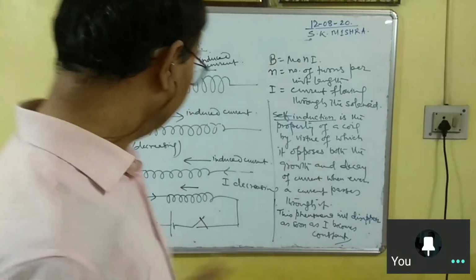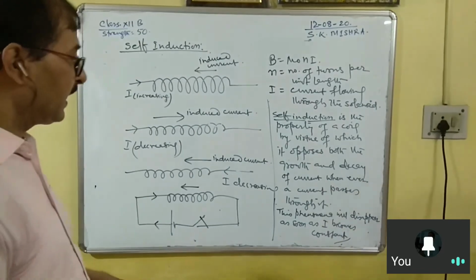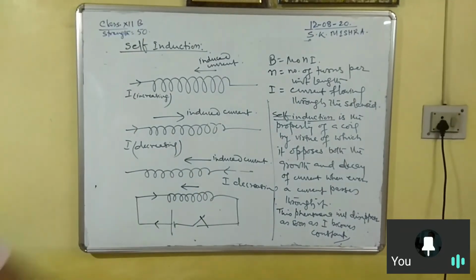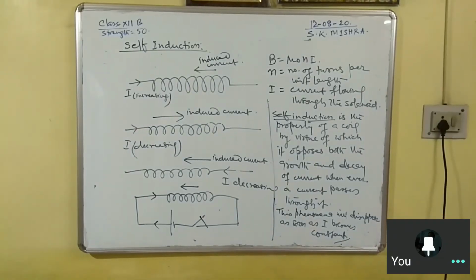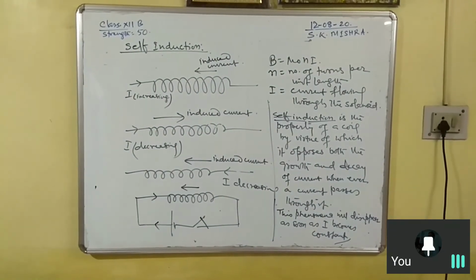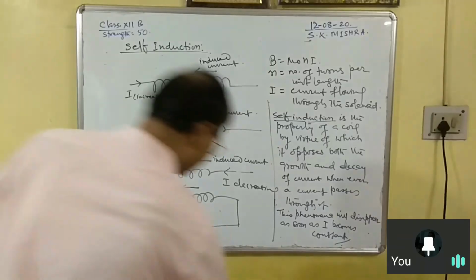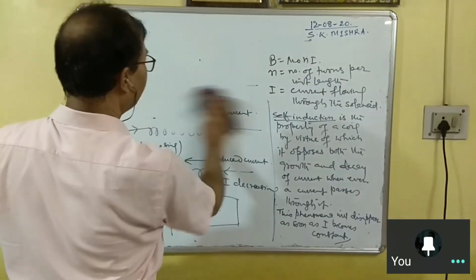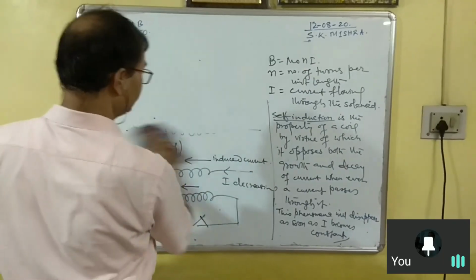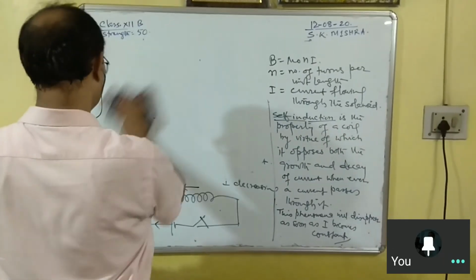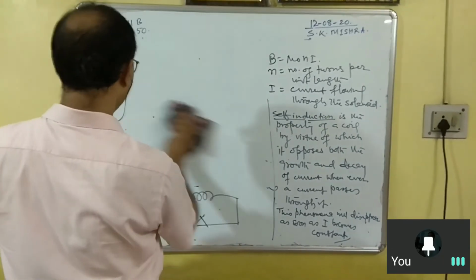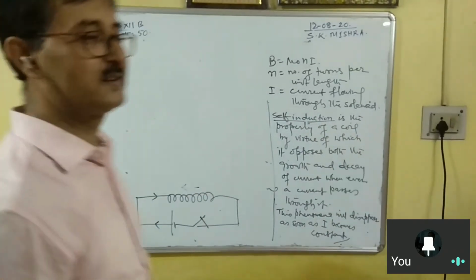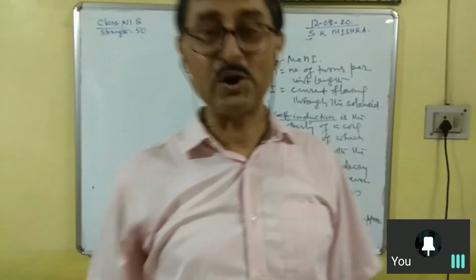Okay. Now, one line you can write, take the snapshot, I will write one more line. Self-induction is analogous to inertia in mechanics. It is also known as electrical inertia. Electrical inertia. What happens in inertia? If a body is at rest, it will remain at rest because of the inertia of rest property.